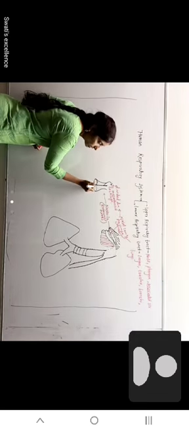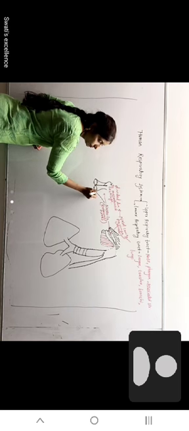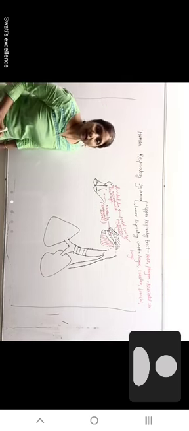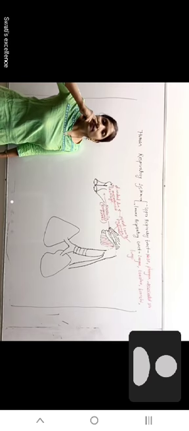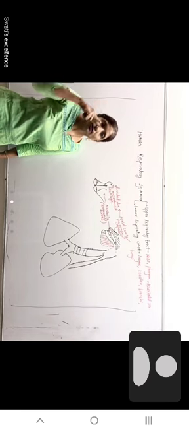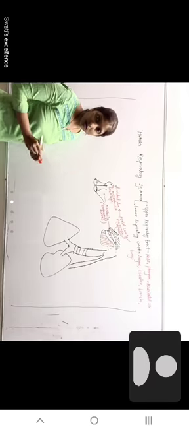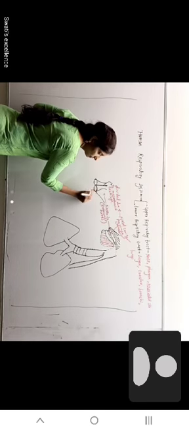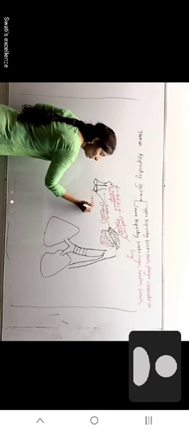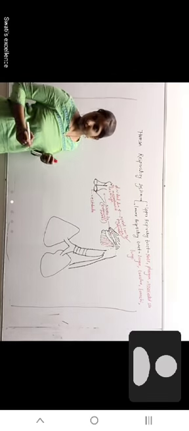What are these openings? Nostrils. But the anterior region of the nostril, this is posterior, this is anterior, the anterior region of the nostril, with dark green, is called vestibule. What is it called? Vestibule, right?